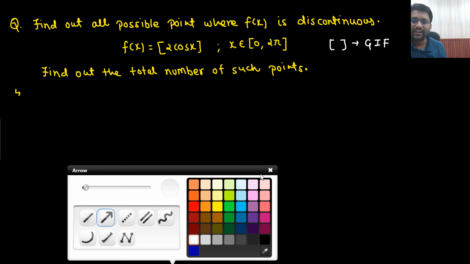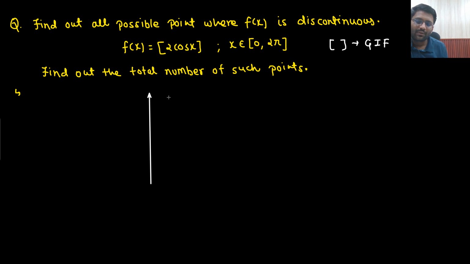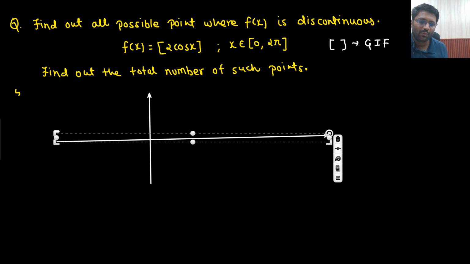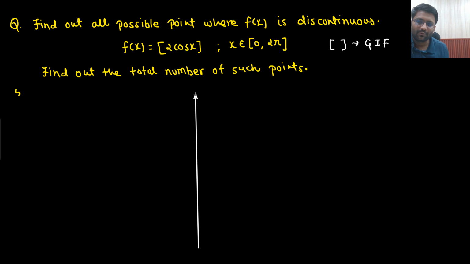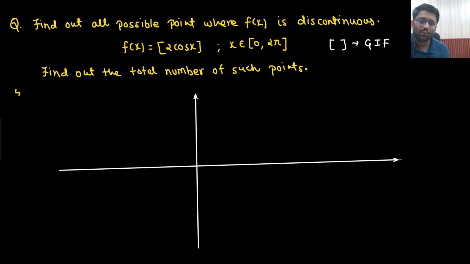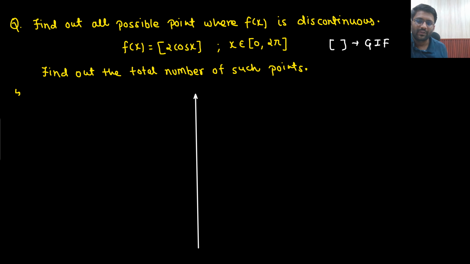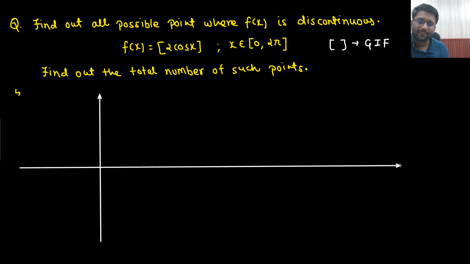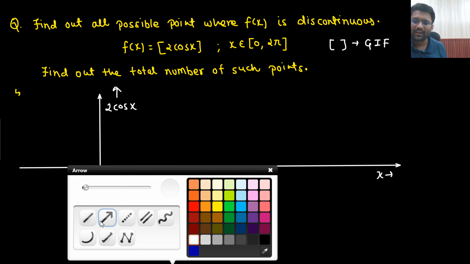Basically what I need to do is draw the graph of 2 cos x. First I will draw the graph of 2 cos x between 0 to 2 pi only. So what I am doing, I am drawing the graph.